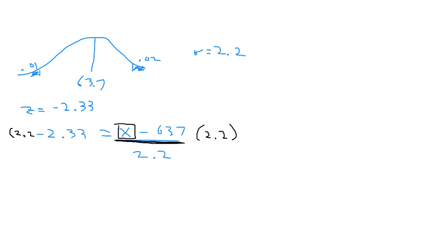Cool. So type that in your calculator. What's 2.2 times negative 2.33? Yeah, 2.33. What do you get? Negative 5.12. Yes.